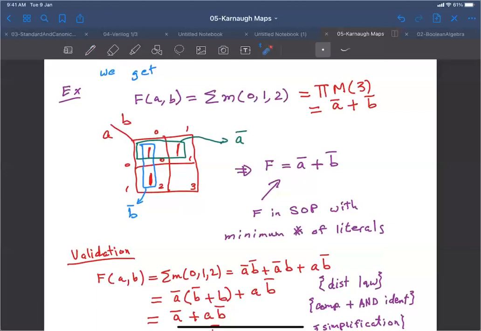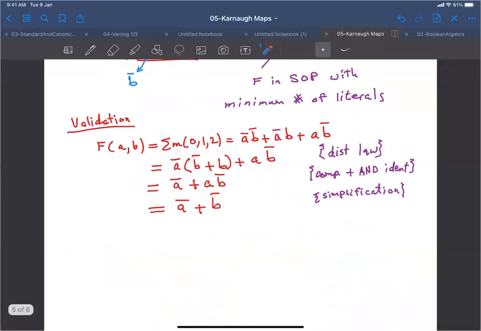It's not a systematic method. You don't guarantee that. It's not always true, maybe. It's a one-time thing. You have to make sure by drawing a K-map. So it's always safer to draw a K-map and then find out the minimum and make sure that it is indeed the minimum.